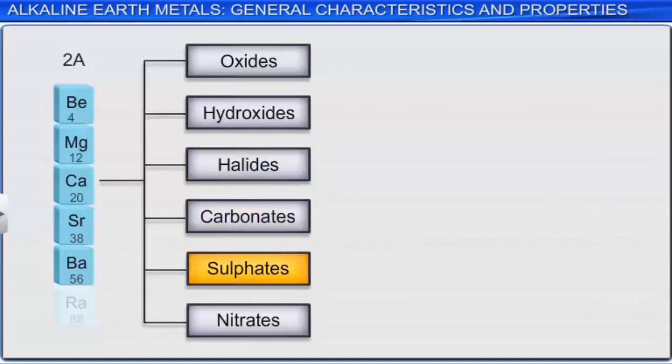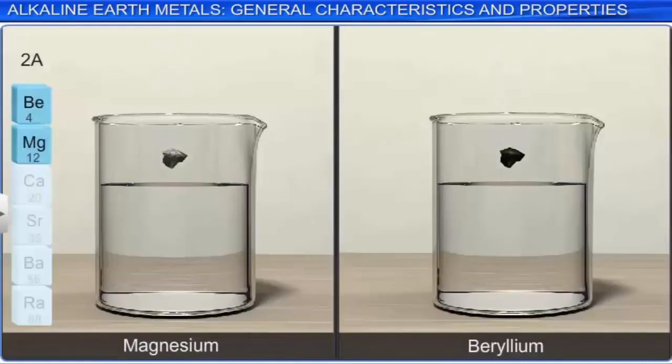Magnesium and beryllium do not react with water because both the metals form an oxide layer on their surfaces. Calcium, strontium, and barium all react with water at normal temperature to form hydroxides.